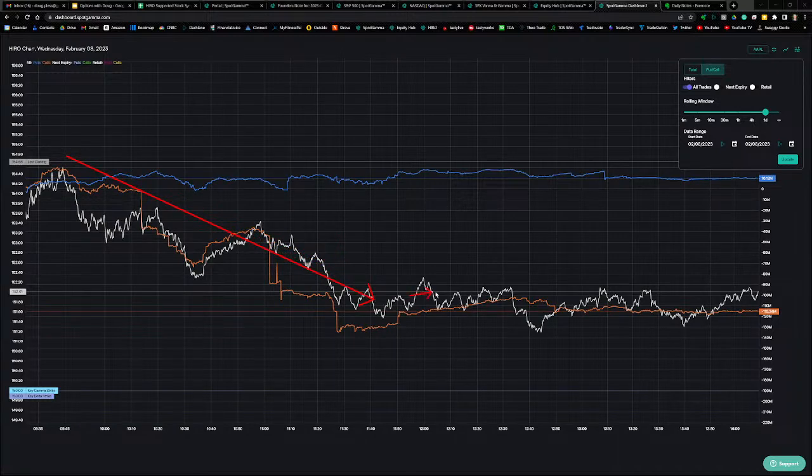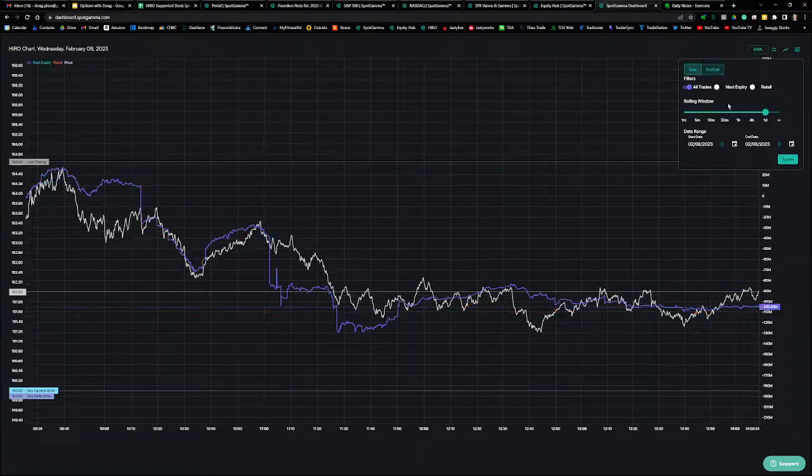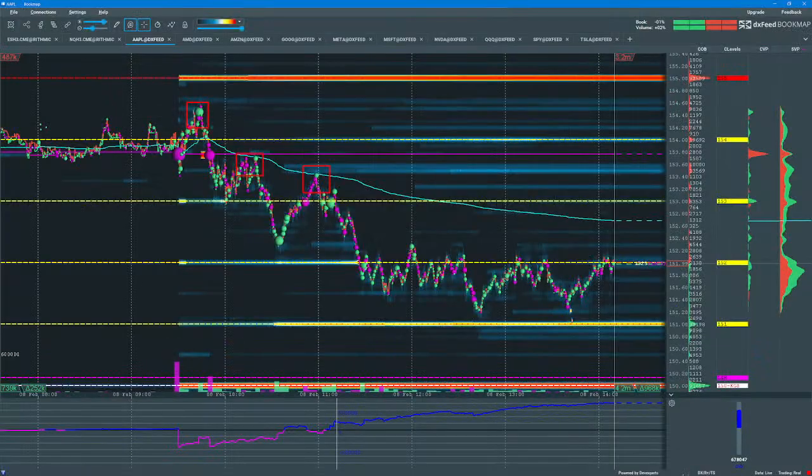And then price leveled off as traders stopped selling calls. Let's go back and take a look at Bookmap for Apple. Not a lot of range, but a good short setup.